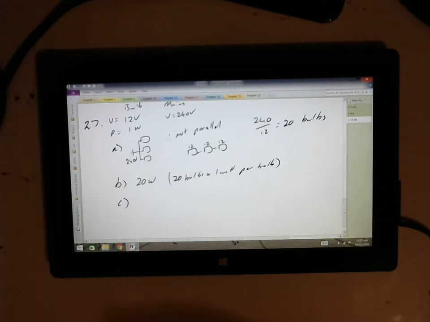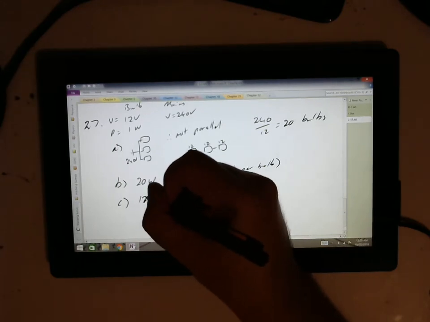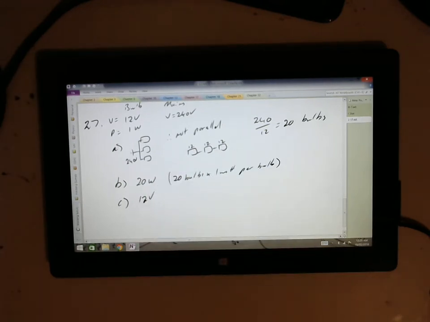What is the average voltage drop across each bulb? Well, we've been told the voltage drop across each bulb is 12 volts, because that's how much this bulb uses. Sometimes some of these questions are right there in front of you, and you just need to give yourself a bit of trust, or double check the answer at the back before you go and do it.